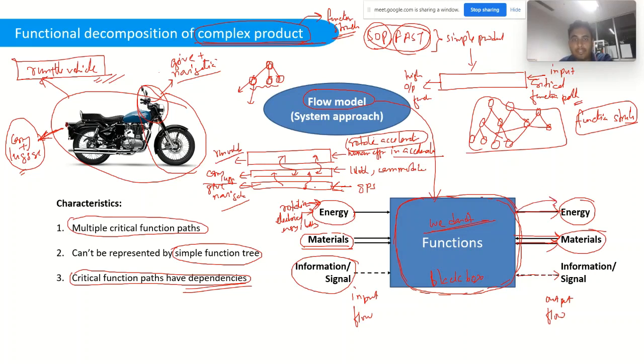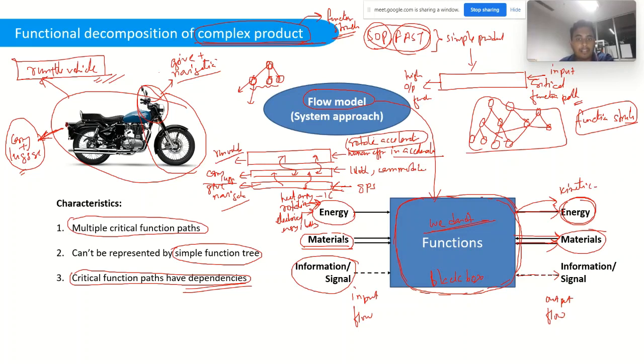For example, if an input is rotational energy, or electrical energy, or heat energy. Now I'm saying heat energy because there's an IC engine, an internal combustion engine. So at the end, the heat energy is converted into rotational energy. So what we are getting at the end is kinetic energy, right? That's why the bike moves.